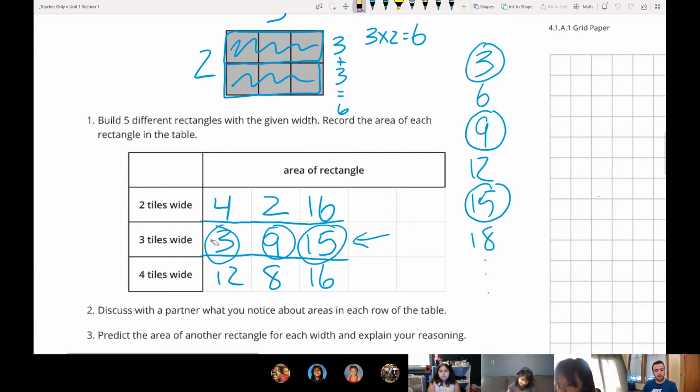If we're skip counting by 3, then 6 is a multiple of 3 because we can skip count to it. 9 is a multiple of 3 because we can skip count by 3 and land on it. Same thing goes for 15.